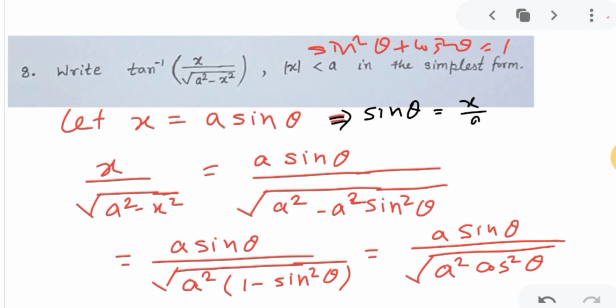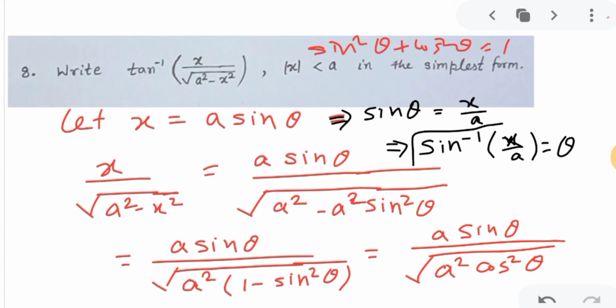Bringing sin to the right side and theta to the left, it will become sin inverse x upon a is equal to theta, correct? This we did many times. So sin inverse x upon a is theta.